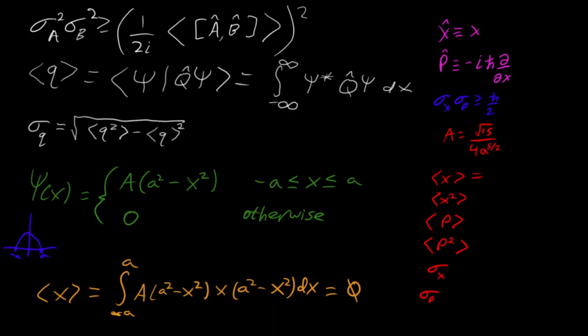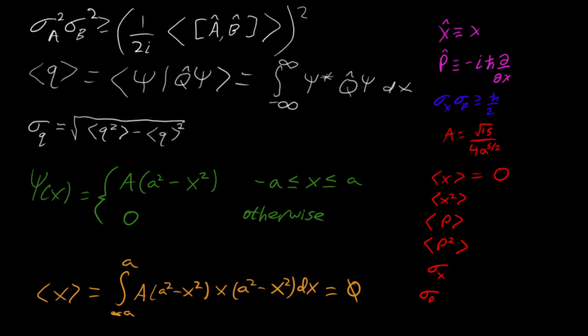All you need to know is this integral is 0, which makes sense because the particle is equally likely to be left of 0 as it is to be right of 0. So its average value should be 0. Now, its average position squared is not necessarily 0. In fact, it couldn't be 0. The reason this average is 0 is that these are negative positions and these are positive positions, so they average out. But these are still positive position squares, because the negative goes away.